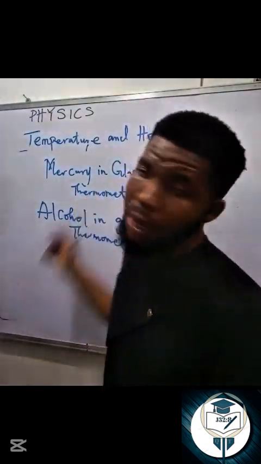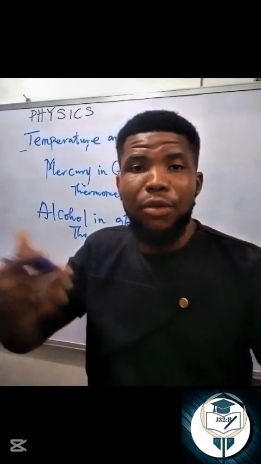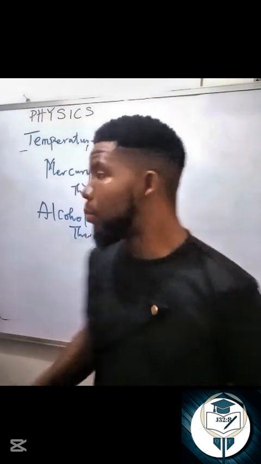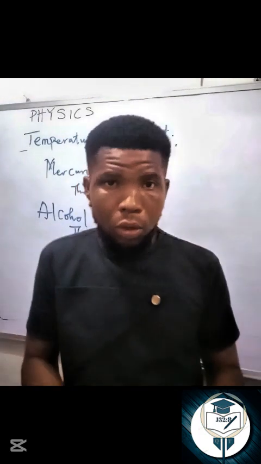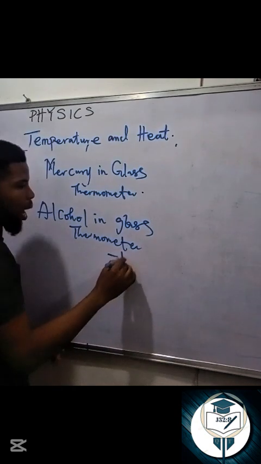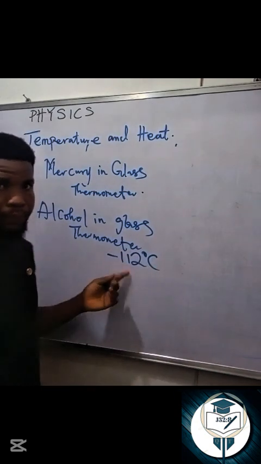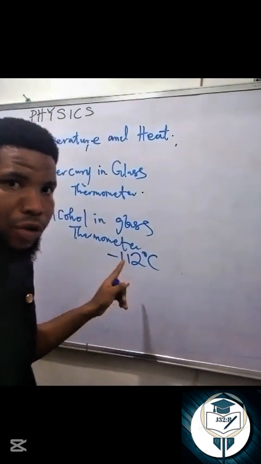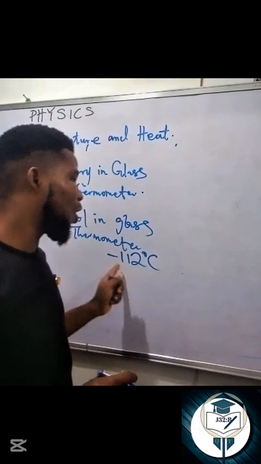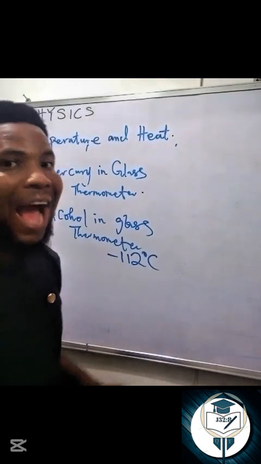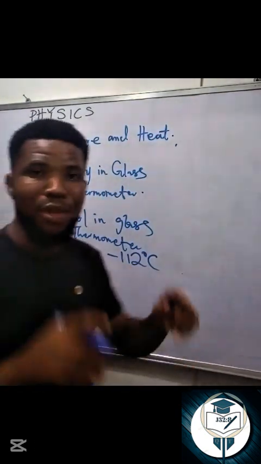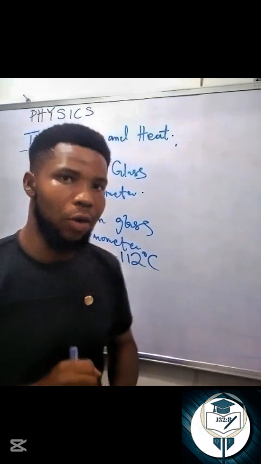You can't use a mercury in glass thermometer as efficiently as alcohol there, because alcohol has a very low melting point. The melting point of alcohol is minus 112 degrees Celsius. Meaning alcohol cannot freeze in this part of the world. It takes an extremely low temperature to freeze alcohol.